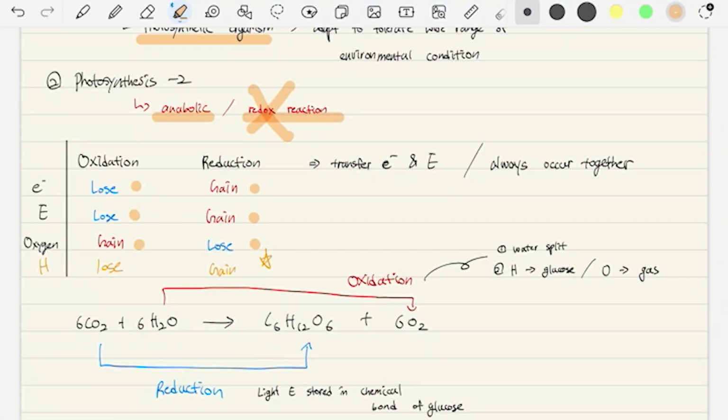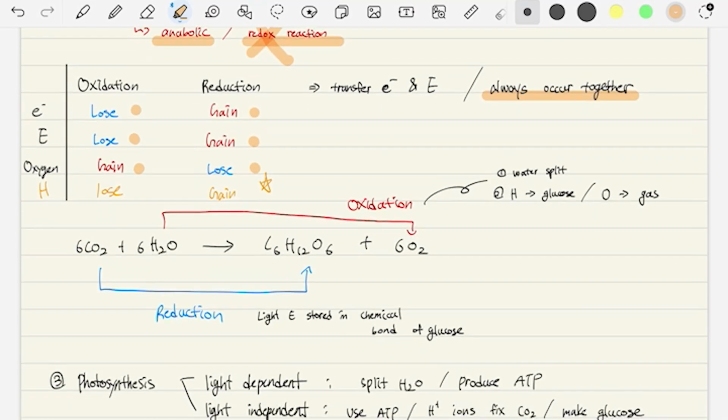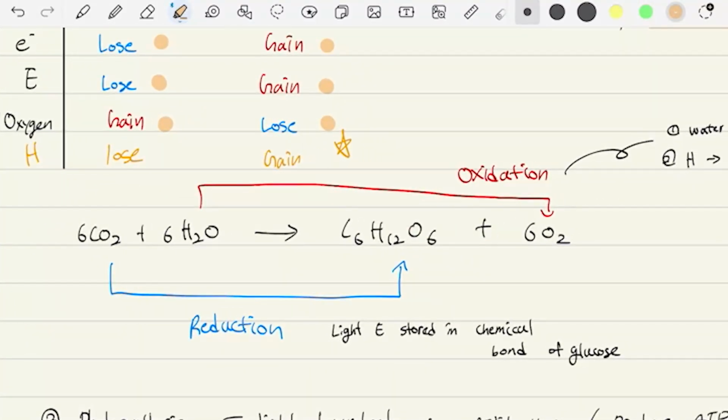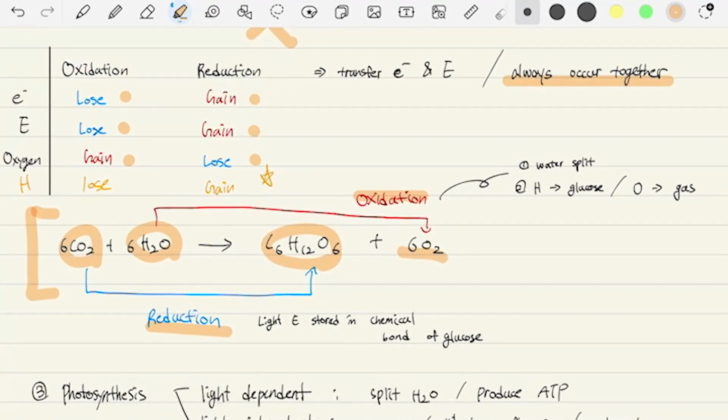Oxidation and reduction always occur together, since if one molecule loses its electron or energy, another molecule should absorb the electron and energy and become a macromolecule or other molecule that can function. So when we look at the formula of photosynthesis, carbon dioxide is reduced into carbohydrate and water is oxidized to oxygen.